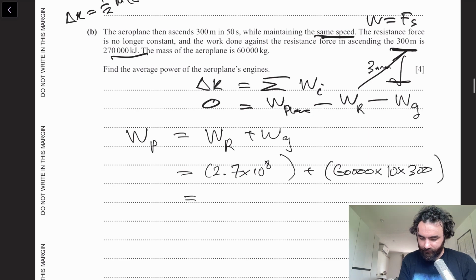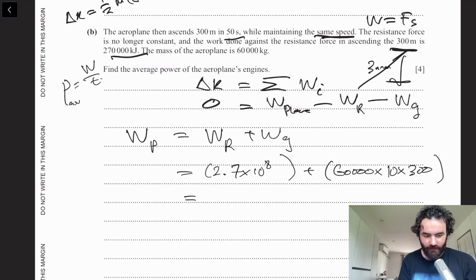Okay, and we're trying to find the power. Because power equals the work done over time, the average power will be this thing, whatever this thing is, divided by the time.